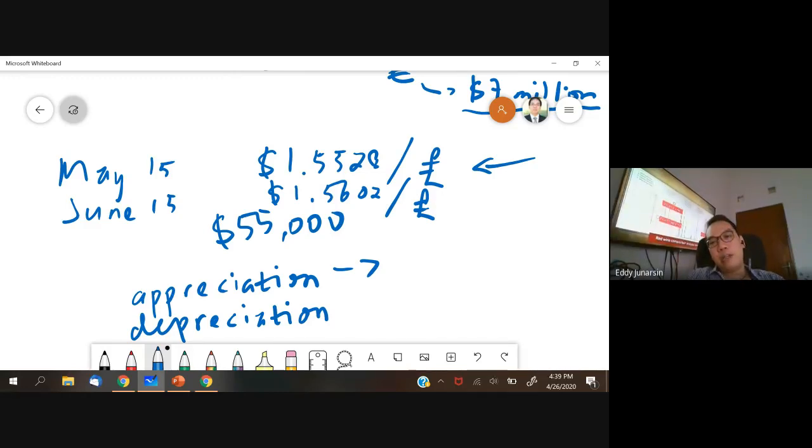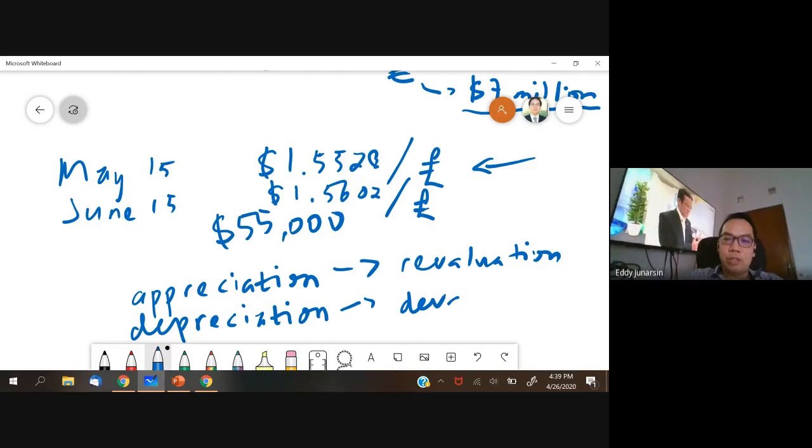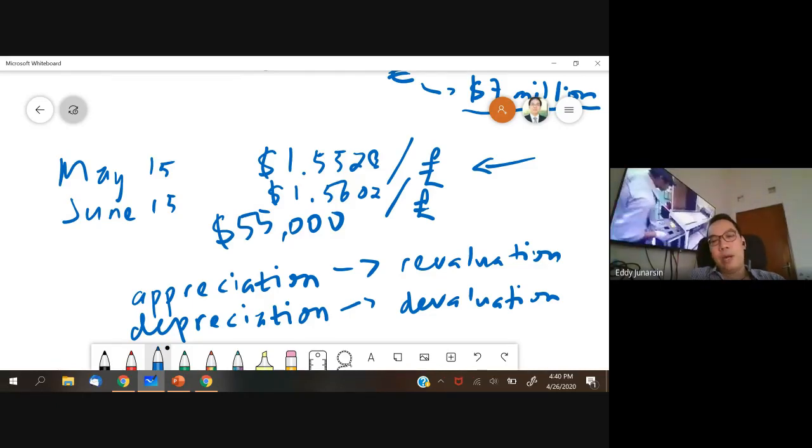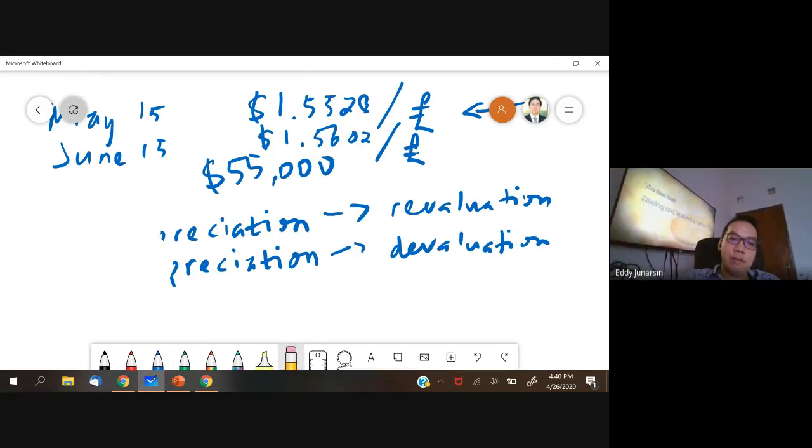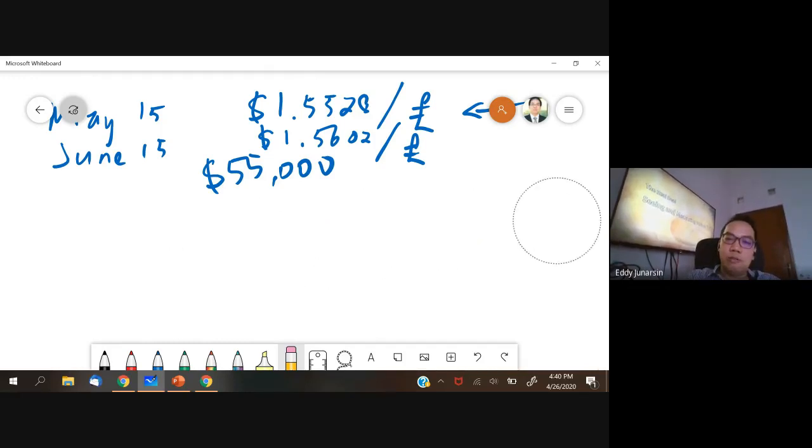If this happens because of deliberate government policy, then this would be called revaluation, and the other one would be devaluation. So revaluation and devaluation are deliberate decisions by a government, whereas appreciation and depreciation happen naturally because of demand and supply. So these are the common terminologies for the multinational international finance field.